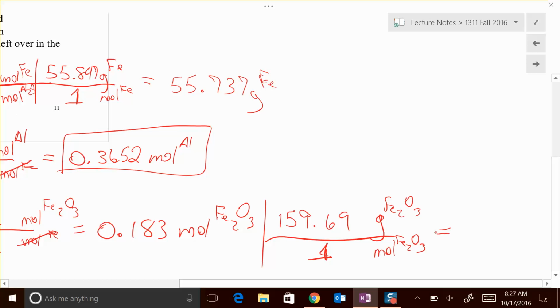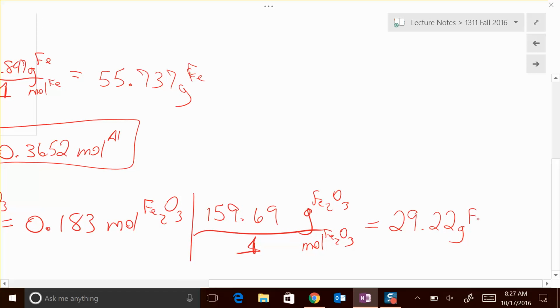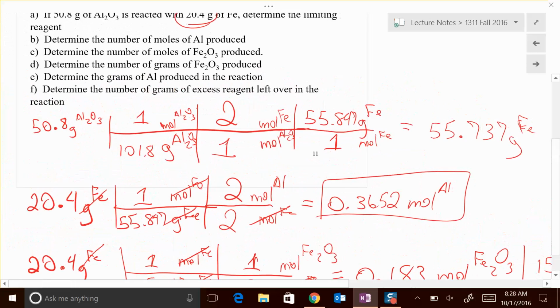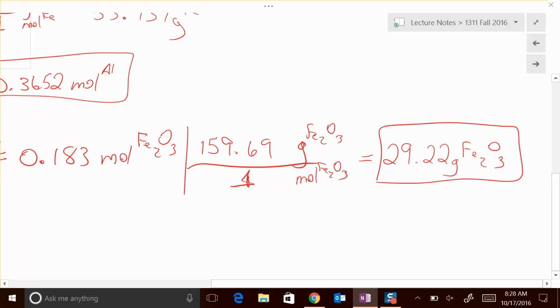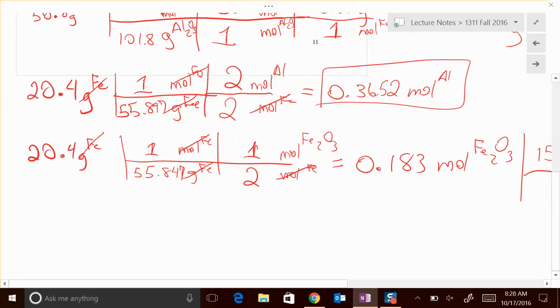Say it again. 29.22. So if I have 20 grams of iron, I can produce 29.22 grams of iron 3 oxide from that, which is rust.